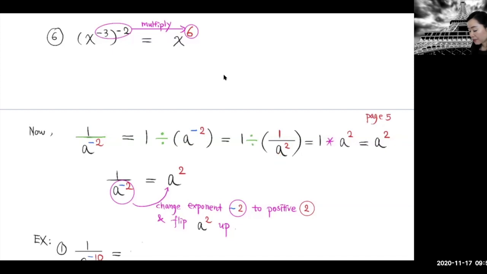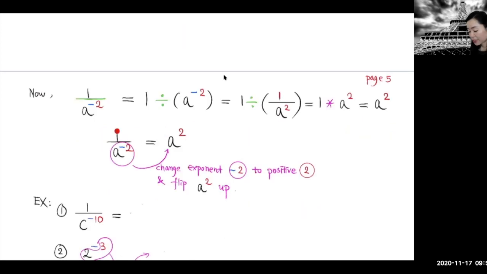Dividing by this is the same as multiplying by its reciprocal, which is just a squared. So in the future, we can go straight from this to this: take away the negative sign in the exponent and flip a squared up.